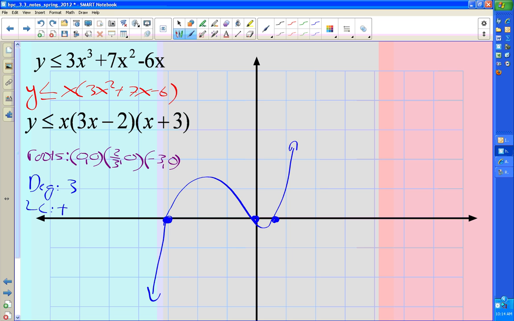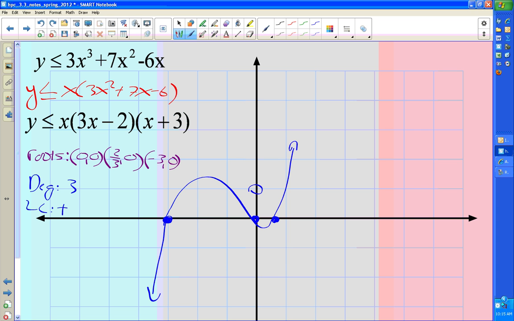I think so. So now you need to pick a test point. It doesn't matter. You can cover your eyes and go, boom, I'll take that test point. But you're better off picking something that's easy to work with, like 0, 0. Oh, we can't pick that one. So how about 0, 1?